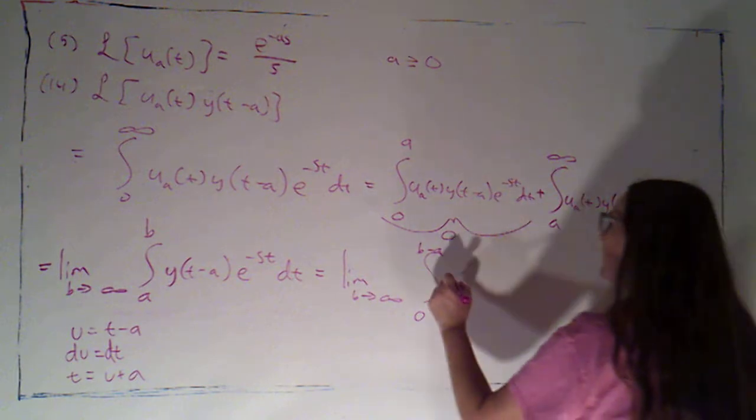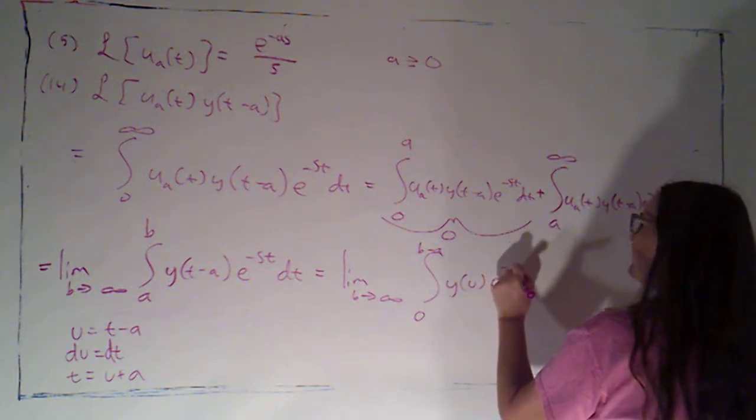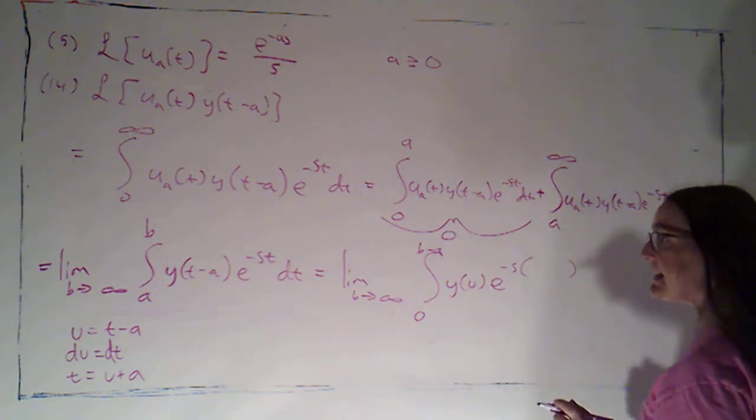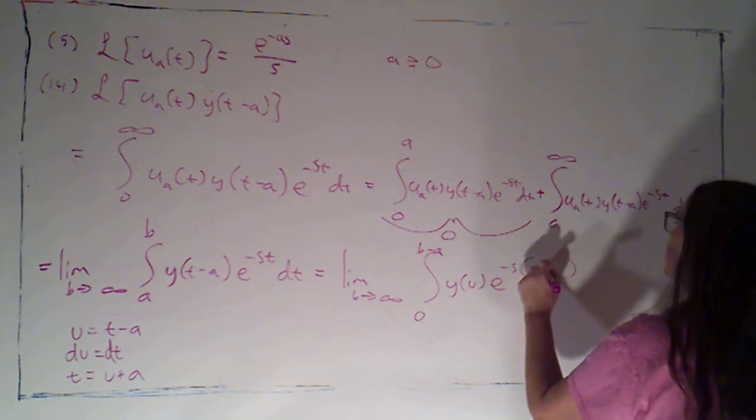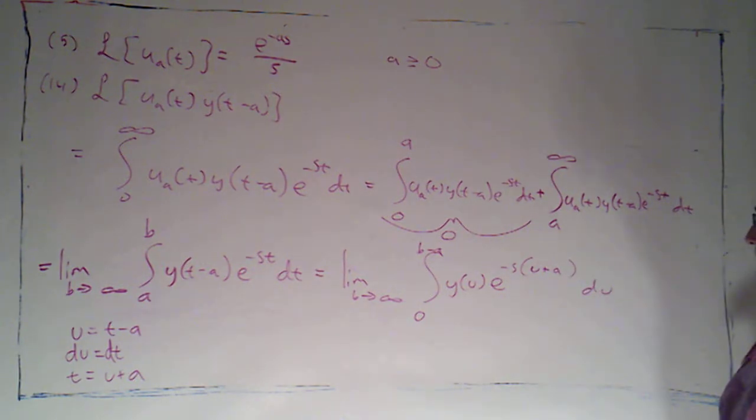Okay. But now I'm getting y of u times e to the negative s times, we said t was equal to u plus a, and then du. Okay.